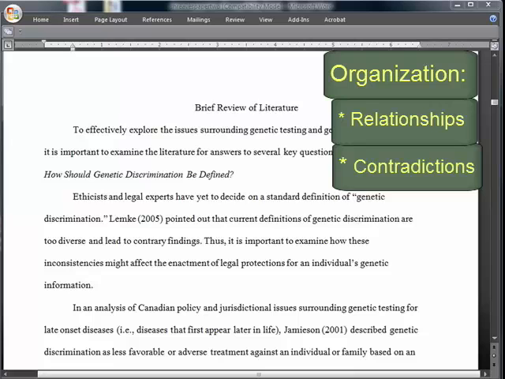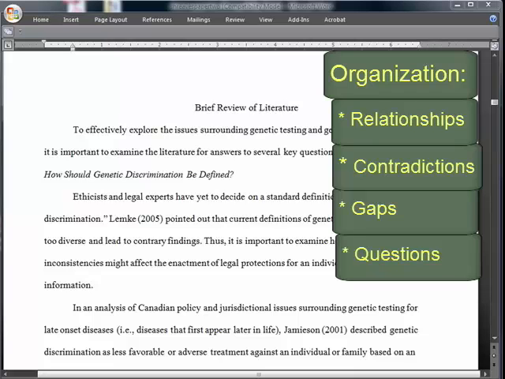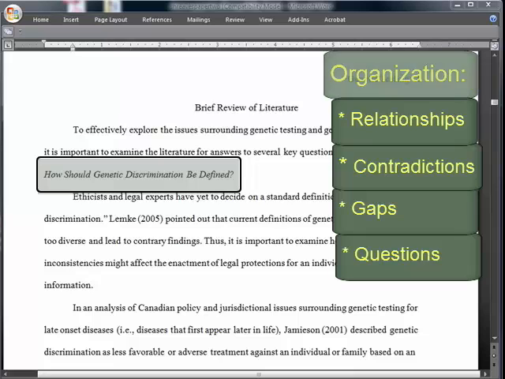It can be based upon the gaps that you see in the research. Here in this paper on genetic discrimination, you can see that the literature review is being organized by a series of key questions that must be asked and defined before any kind of legislation can take place.